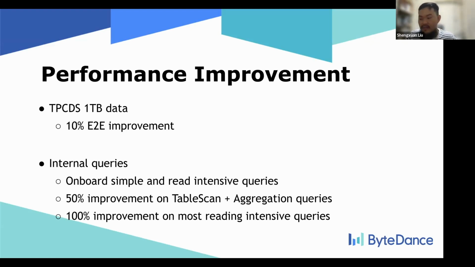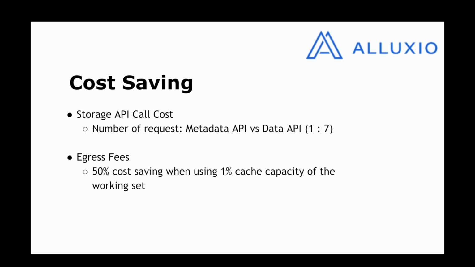In our internal queries, we mainly onboard the simple and reading-intensive queries to this caching system. In this case, we have observed a 50% improvement on the table scan and aggregation queries. These queries are pretty simple, and we also find that there's basically a 1x improvement for the most reading-intensive queries.